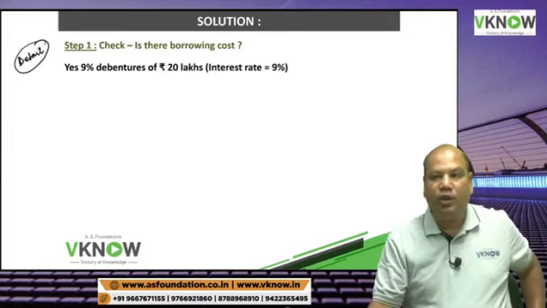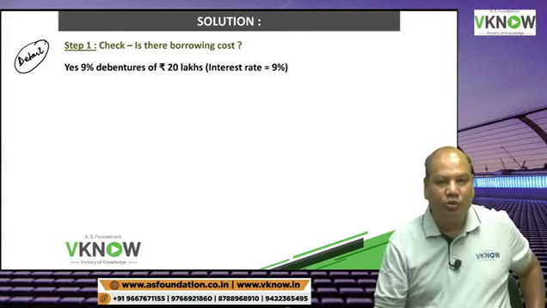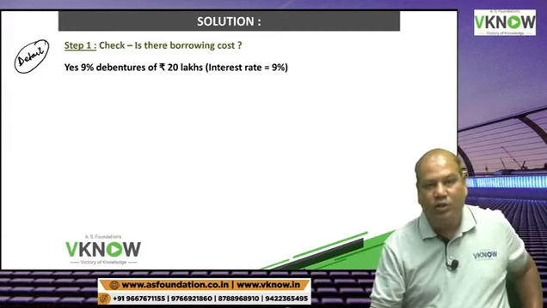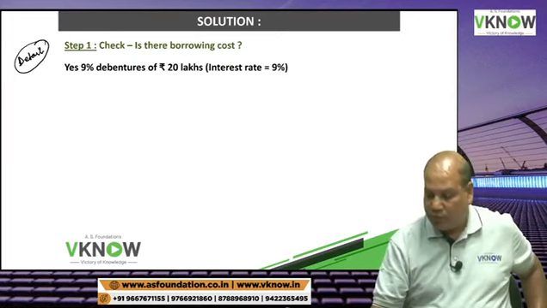If they would have given 9% preference share or equity share were issued, then this question was invalid. Then I will not capitalize the borrowing cost. So 9% debenture of 20 lakh. So there is a borrowing, interest rate is 9%. Step 2.